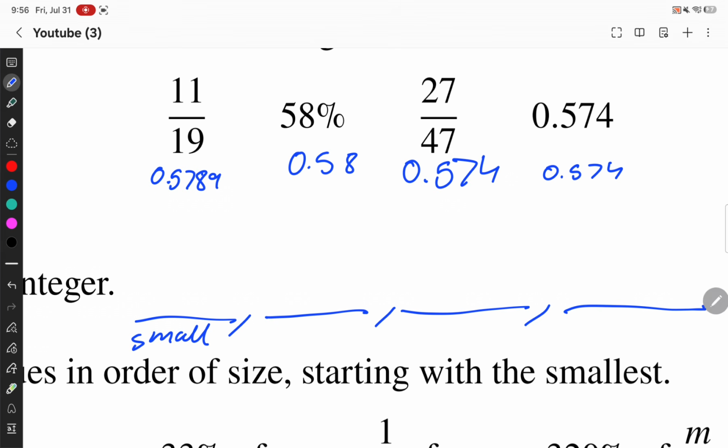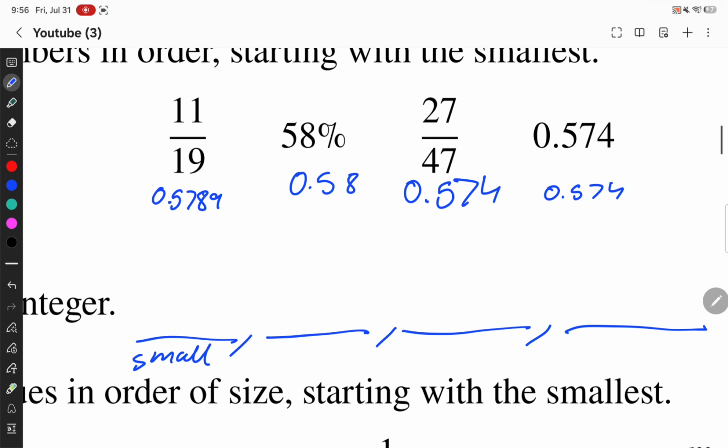Let's look at the first digit, 0, 0, 0, 0, nothing special. Second digit, 5, 5, 5, 5, nothing special. Third digit, 7, 8, 7, 7. Now you read the digits from left to right.